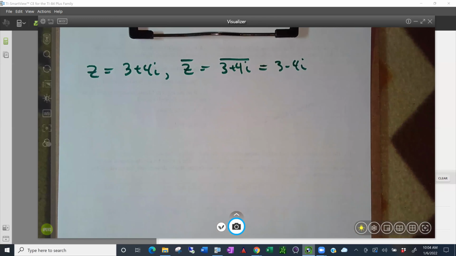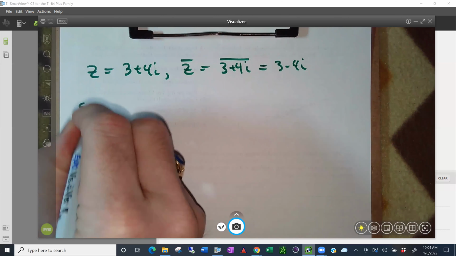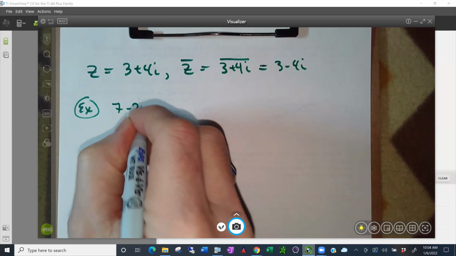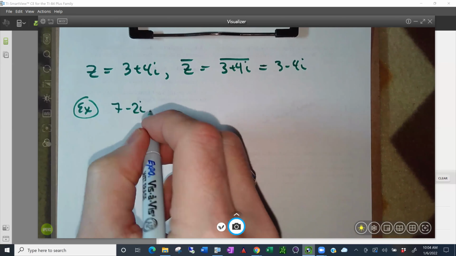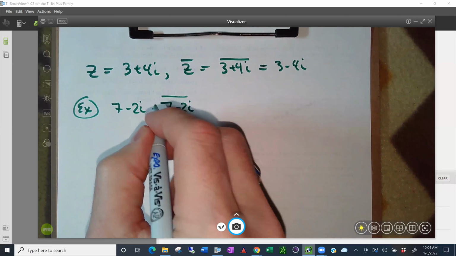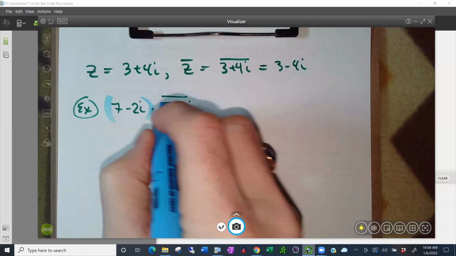That's its conjugate. So as another example, we could have 7 minus 2i times 7 minus 2i bar. So I'll multiply two numbers together that are conjugates. So this one and this one.